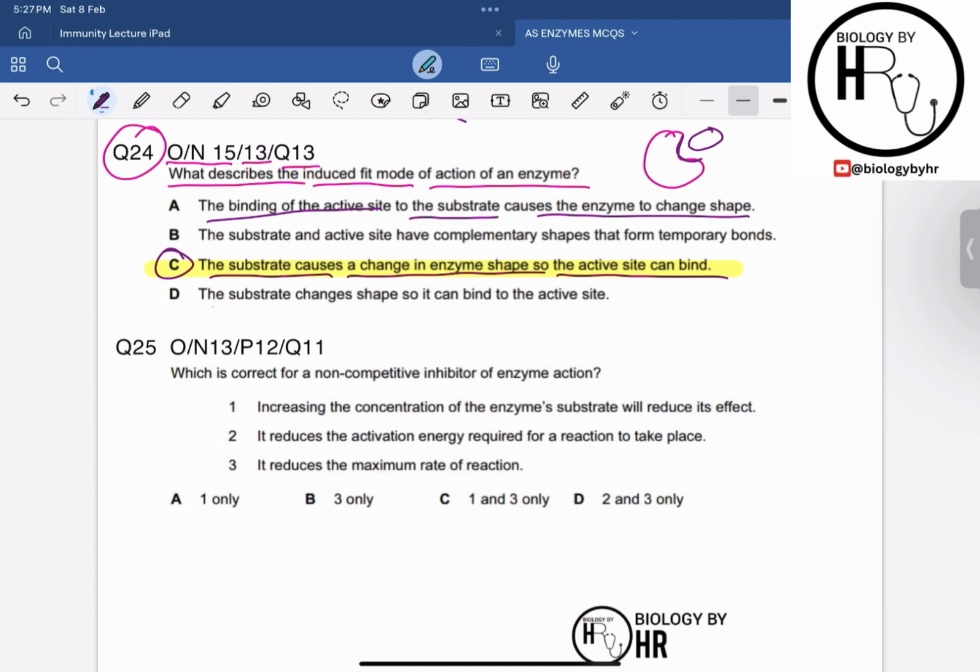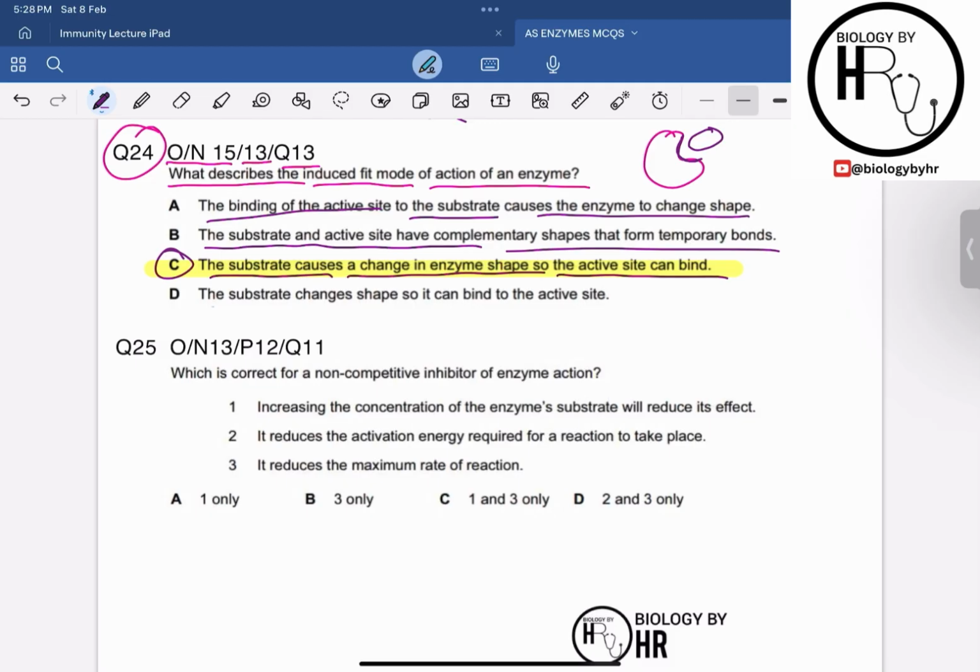Then option B says that the substrate and the active site have complementary shapes that form a temporary bond. This statement is more aligned with the lock and key hypothesis, where the substrate is already a perfect fit. So this is also not correct.